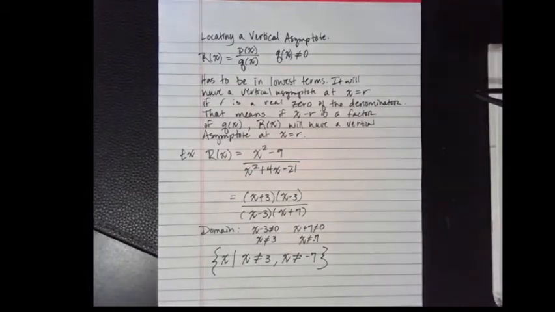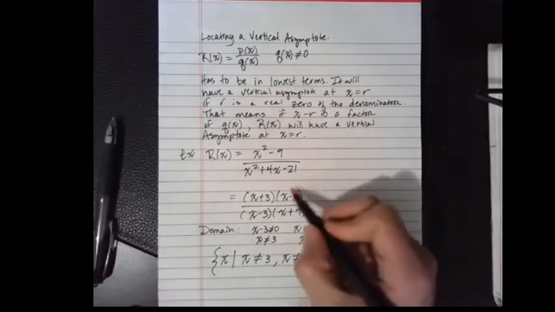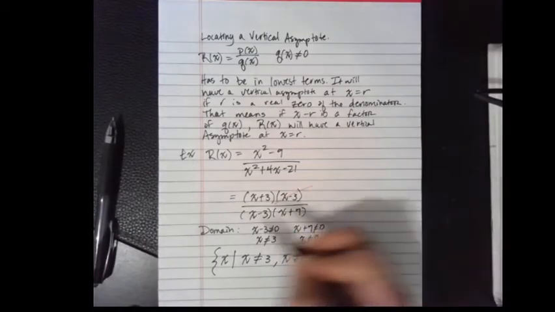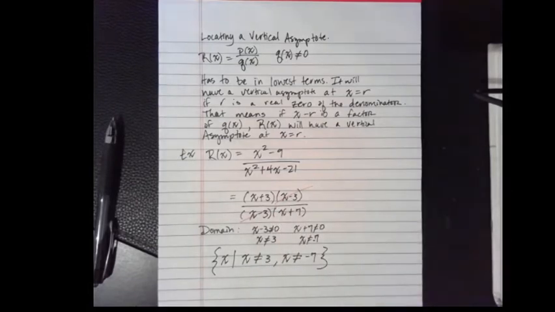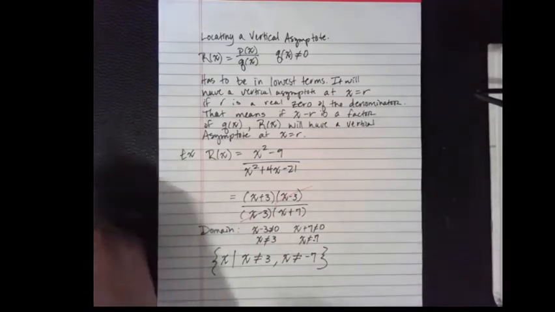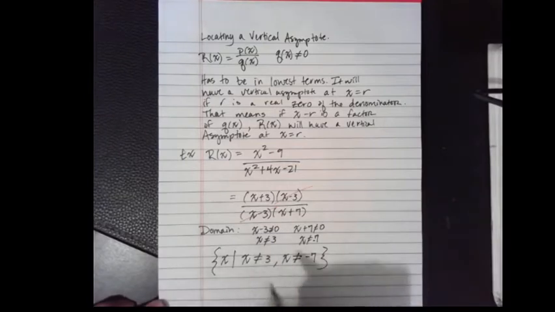Okay, now for vertical asymptote, though, we need this function to be in lowest terms, which means this x minus 3 in the numerator and this x minus 3 in the denominator cancel each other out. So here, for my vertical asymptote, I'm just looking at x plus 7.